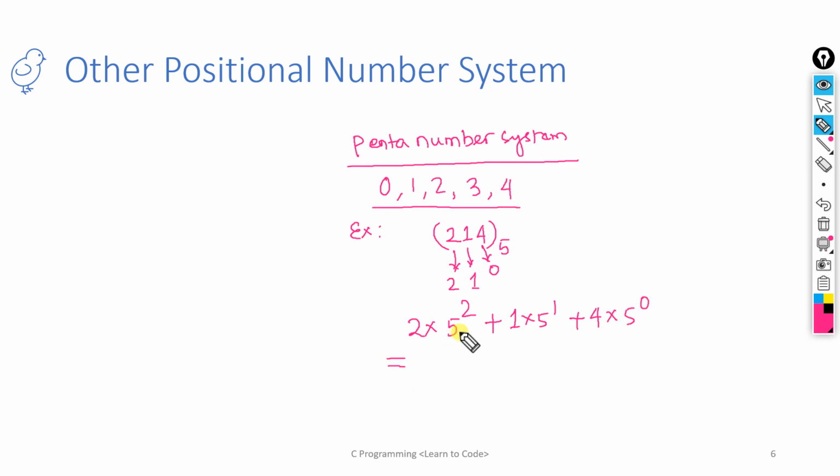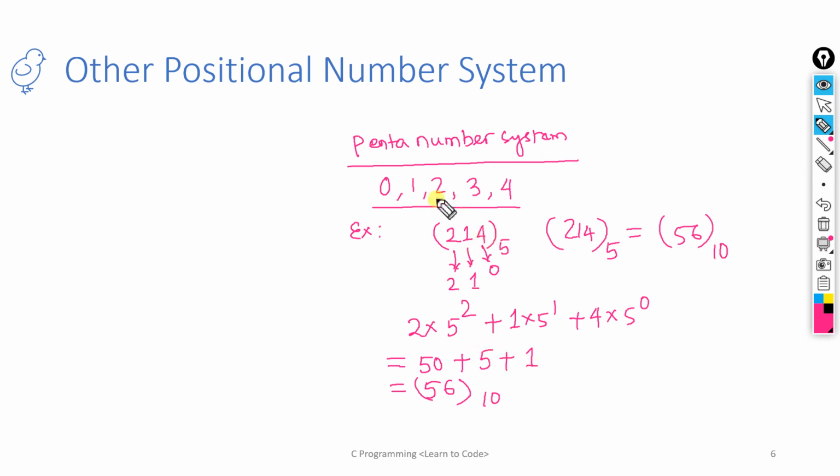So 25 into 2 is 50, plus 5 into 1 is 5, plus 1 into 4 is 4. So 50 plus 5 is 55, plus 4 is 59. So I can say that in the decimal number system, this 214 of base 5 is equivalent to 59 of base 10.